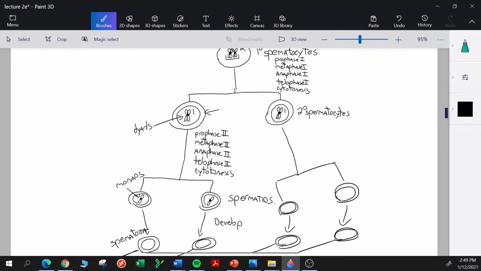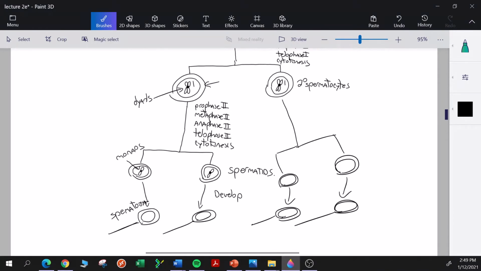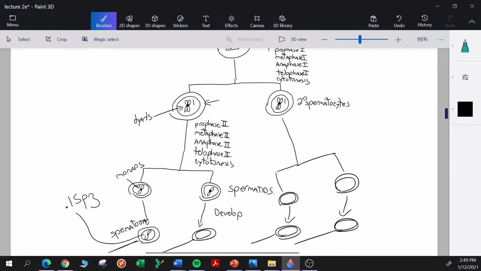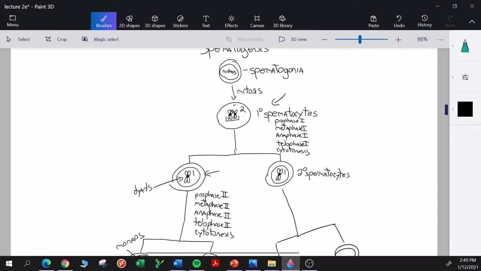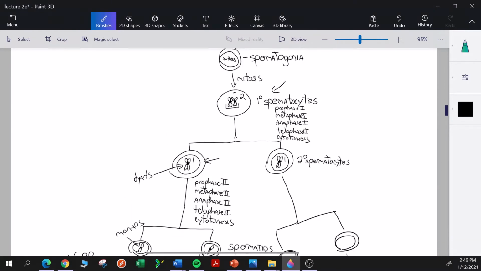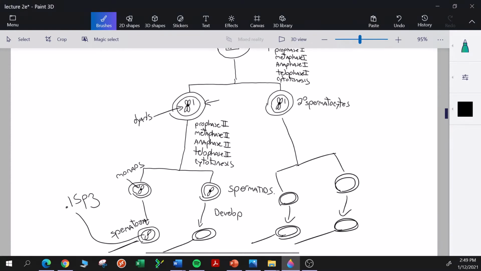And so some of the questions you will see in the problem set and maybe on the exam will say, okay, if the nuclear content of a spermatozoon in an organism is, let's say, 0.15 picogram, what would be the mass of the nuclear content in a primary spermatocyte of the same organism?